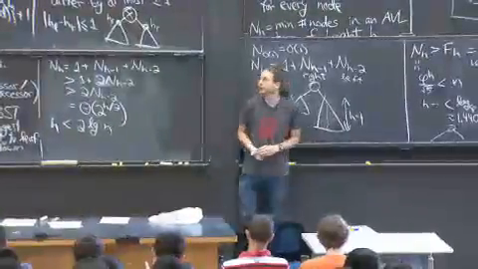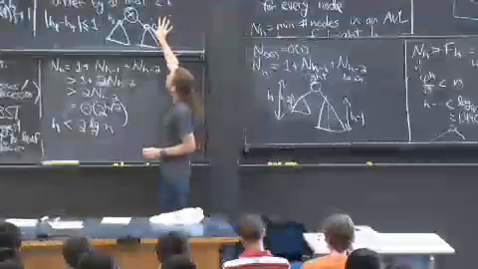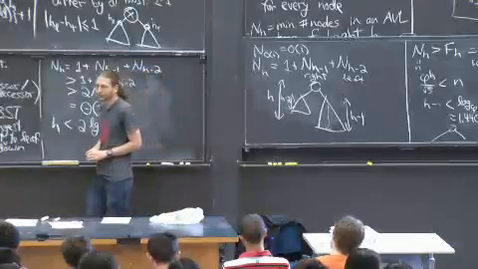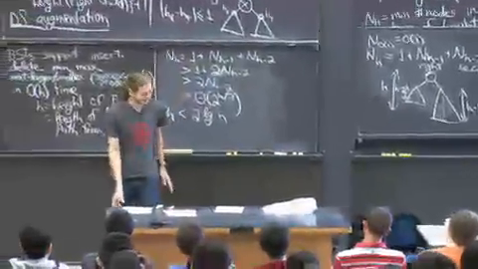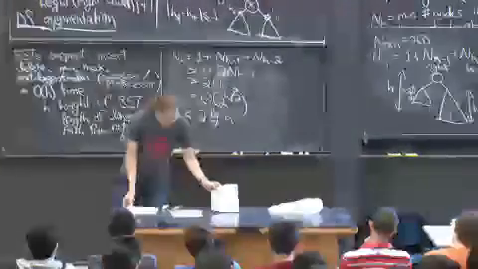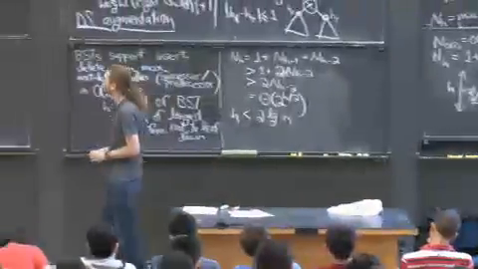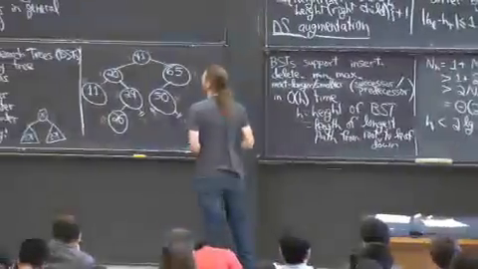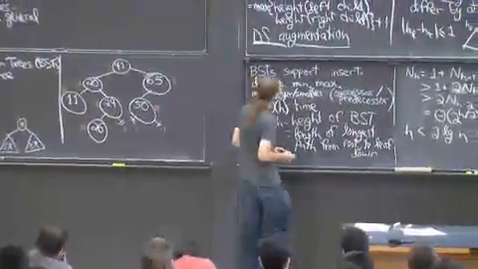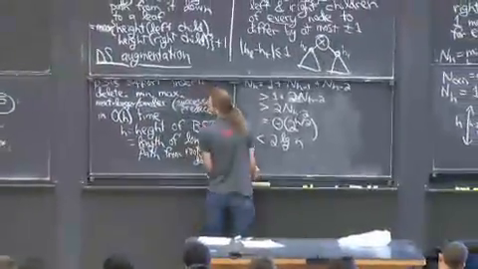And so if we could achieve this property, that the left and right subtrees have about the same height, we'll be done. So how the heck do we maintain that property?